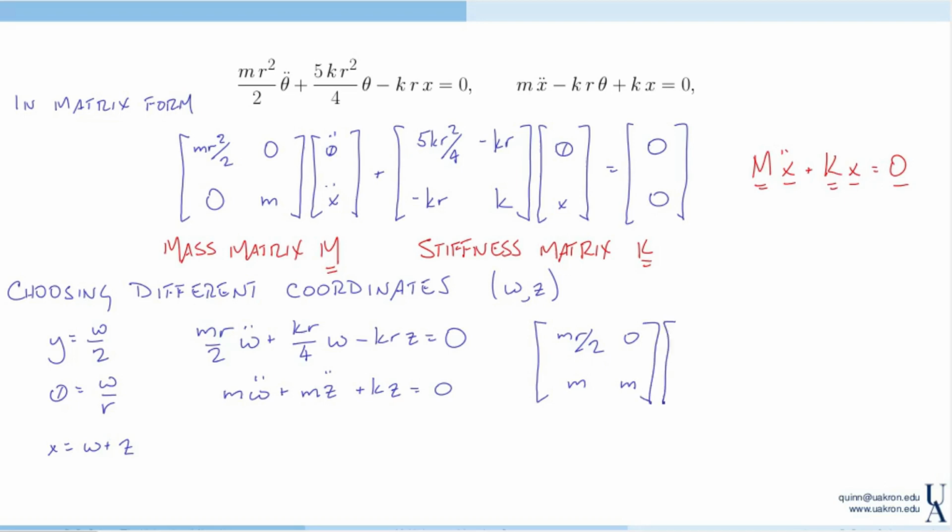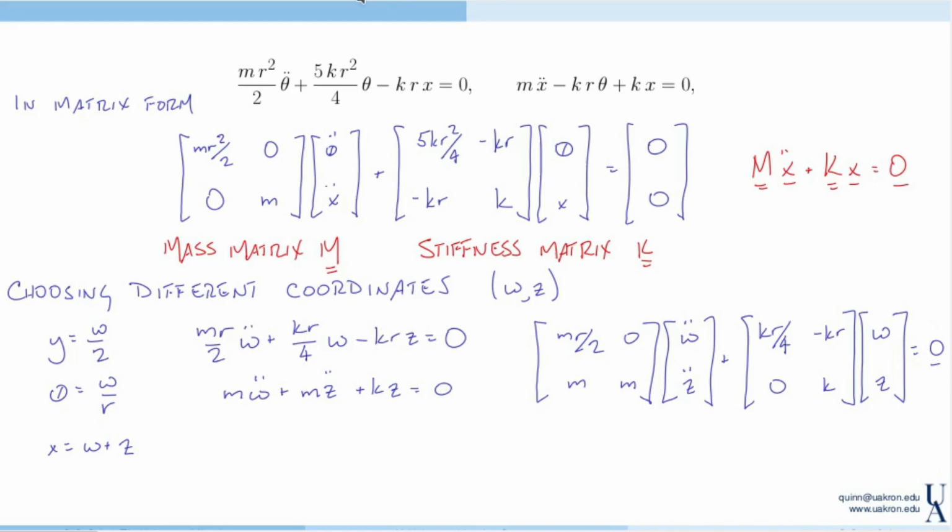This would be our mass matrix, and our vector of coordinates is w and z. Our stiffness matrix would be kr over 4, and then minus kr. Here we have no w term, so we get a 0 there. We just have k in that element, and then of course this is equal to 0.